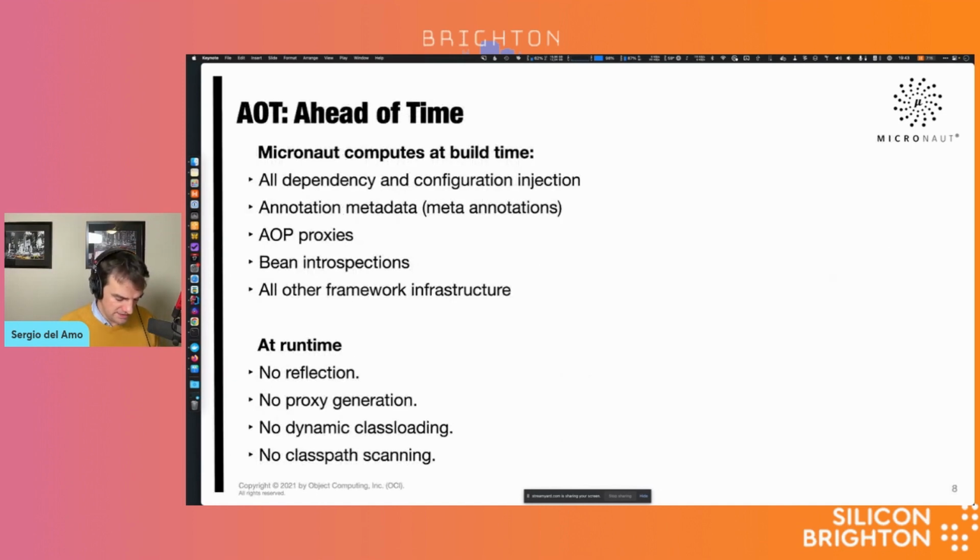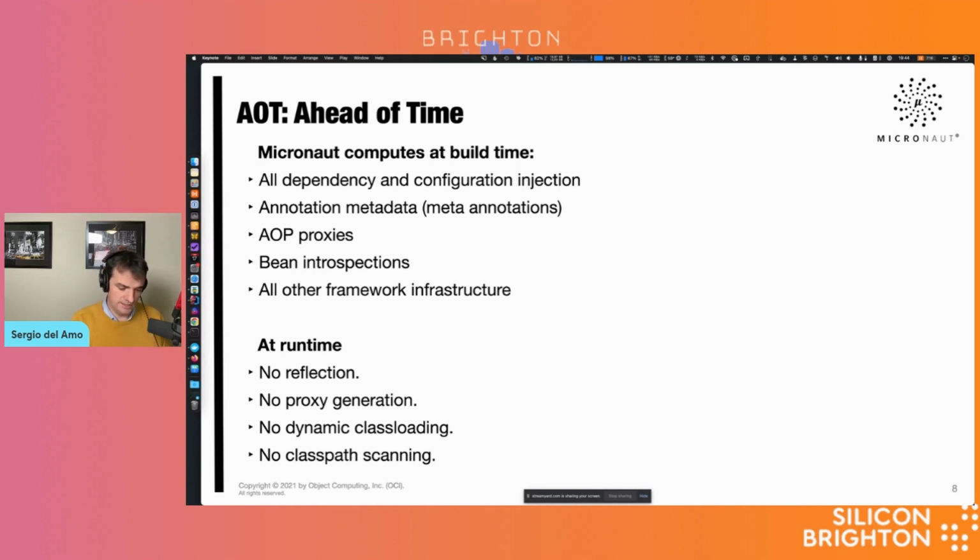When you hear about Micronaut, you will hear about AOT, ahead of time. Basically what we do is we build as much as possible at build time, as I was saying. So dependency injection, configuration injection, annotation metadata, AOP.